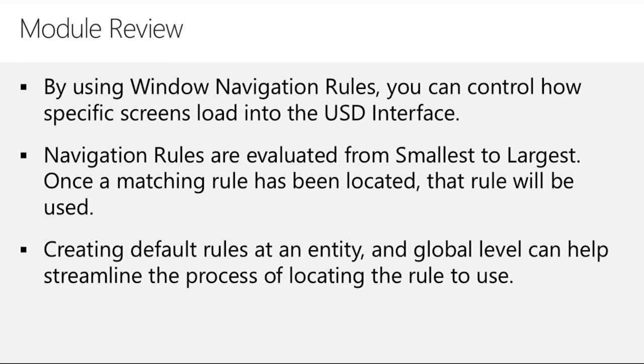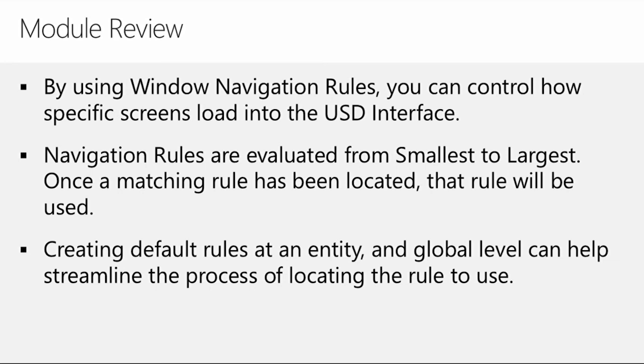Once it evaluates that smaller number rule and determines that it's going to work, then it's going to apply that one. So because of that, what I do recommend is look at the entities or the items as a whole and create default rules and say, okay, unless I specify otherwise, anytime somebody tries to access the account entity, I want it to navigate to the account hosted control in a new window, in a new tab, and this is what I want to display.